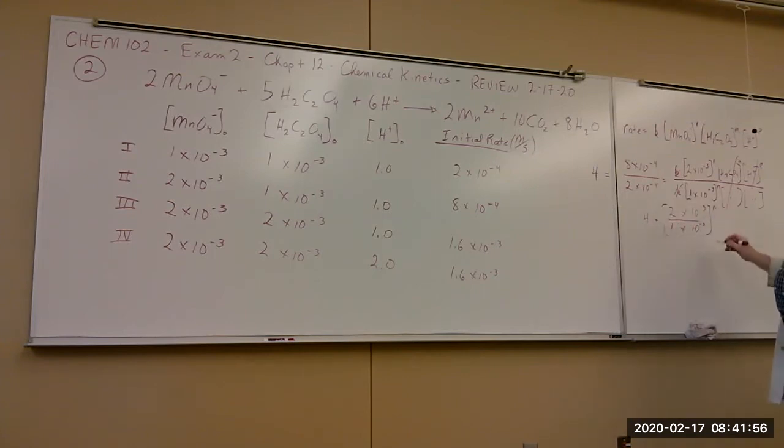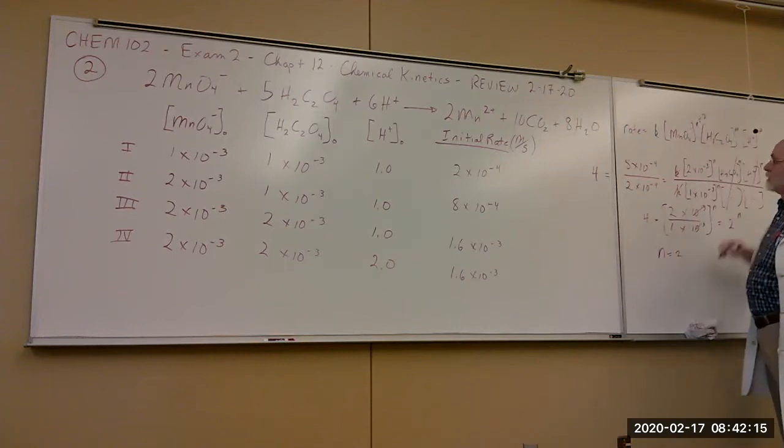So that's equal to 2 to the n power, because this cancels. So n would be what? 2, right? Squared 2, and you get 4. So n is equal to 2.